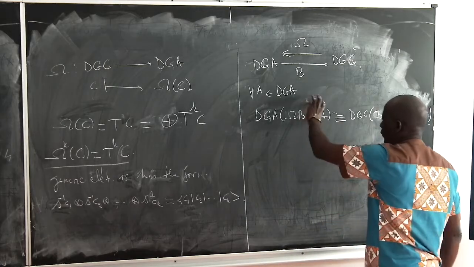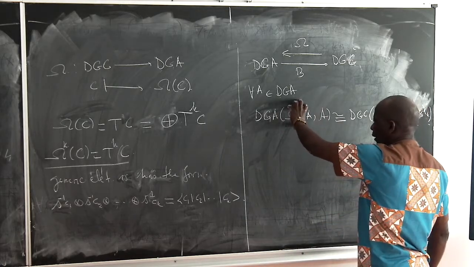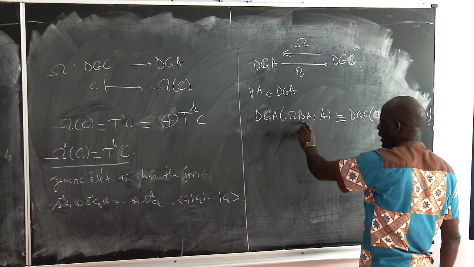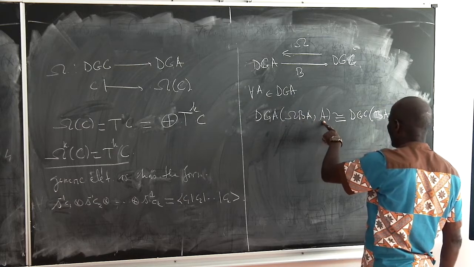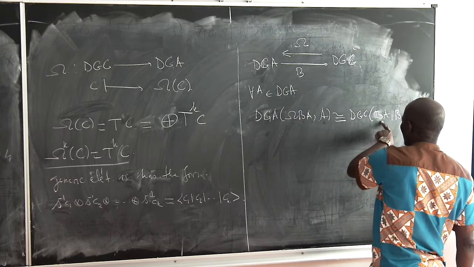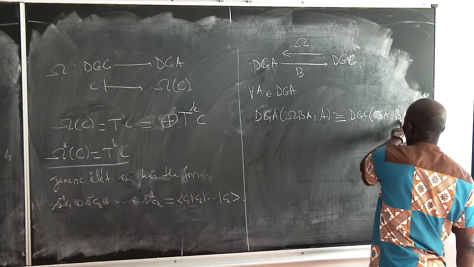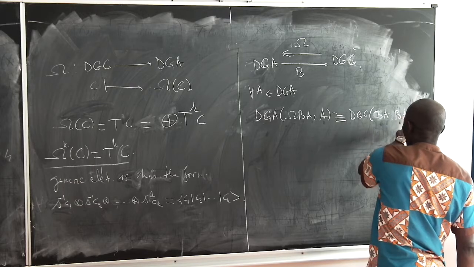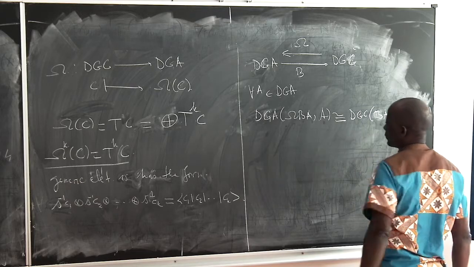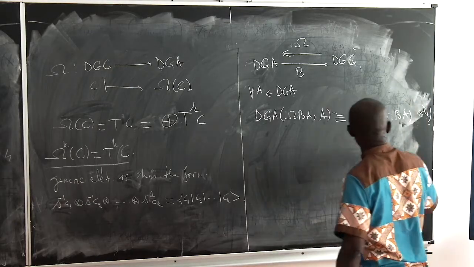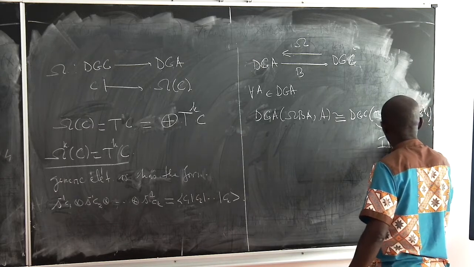This is a set of algebra homomorphisms from Omega BA to A, and this is a set of coalgebra homomorphisms from BA to BA, from the bar construction of A to itself.